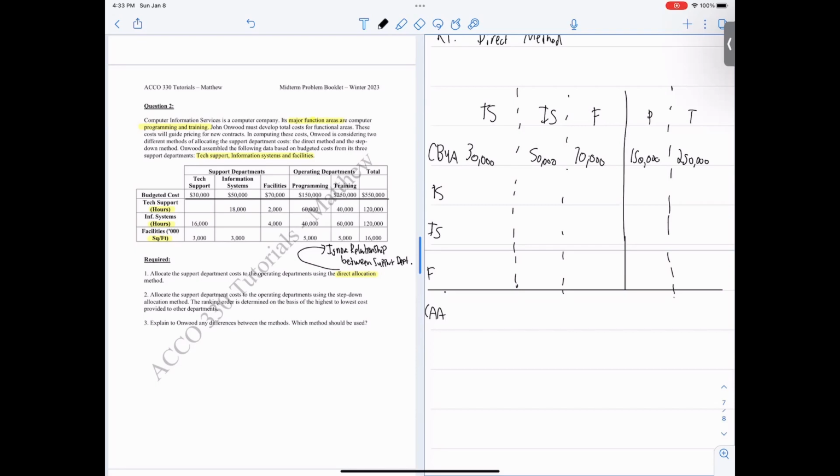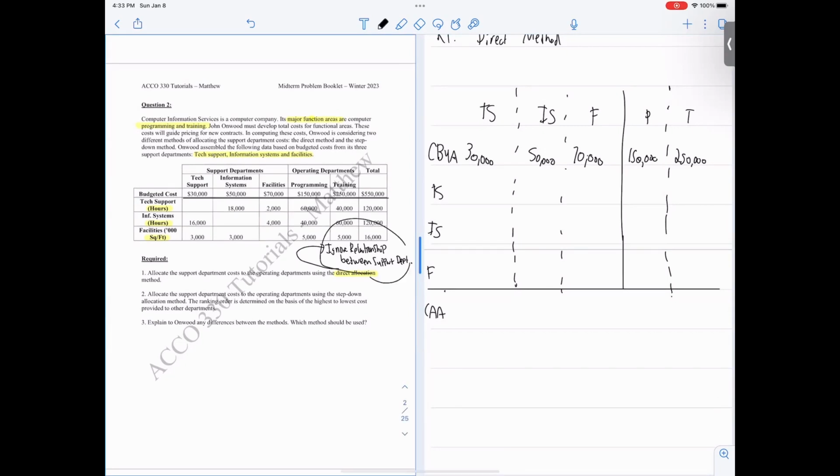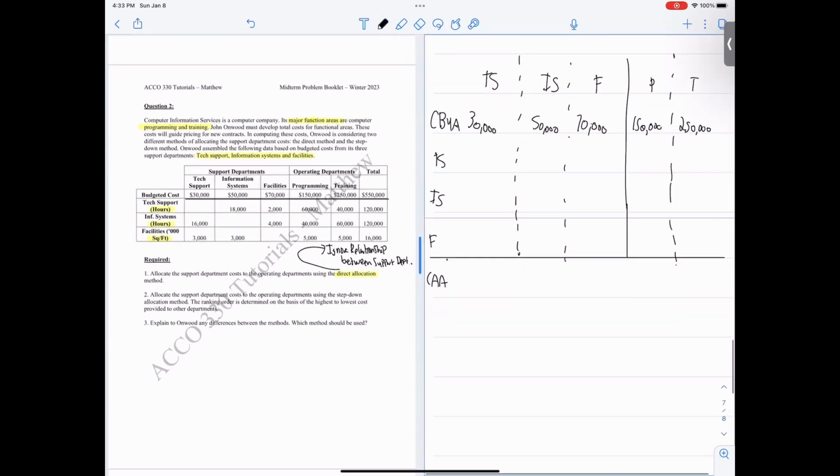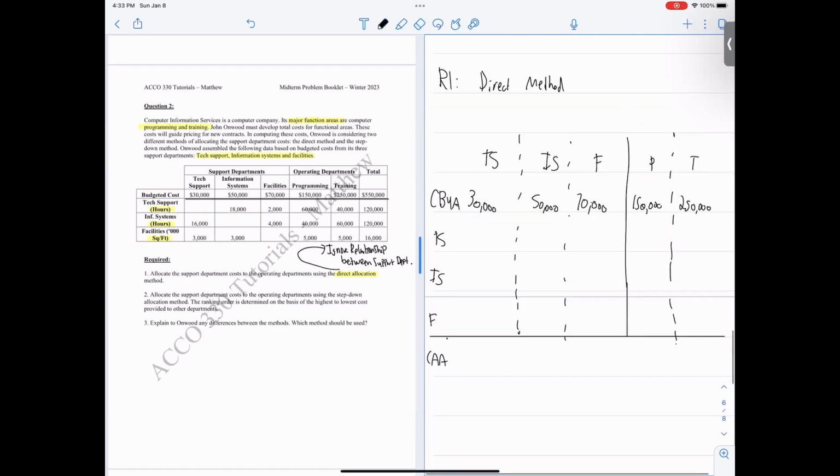Our cost before allocation. Okay, now the first thing we're going to do, guys, is allocate tech support. It's important to remember that we're doing the direct method, so the relationships between support departments are ignored. So we don't care that tech support helps information systems and facilities. Why? Because we're doing the direct method. We directly help the operating departments. So we're going to take this $30,000 in cost and remove it from tech, because we're moving this cost to the other departments that use its services.